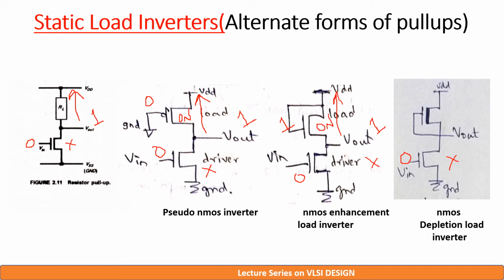In the last circuit, pull up device is on since it is a depletion. Depletion devices are always on devices because the channel is already implanted. Therefore output node is shorted to VDD and output will be logic 1.